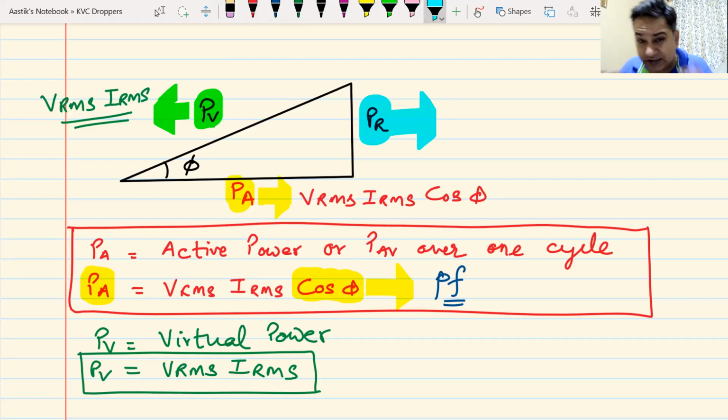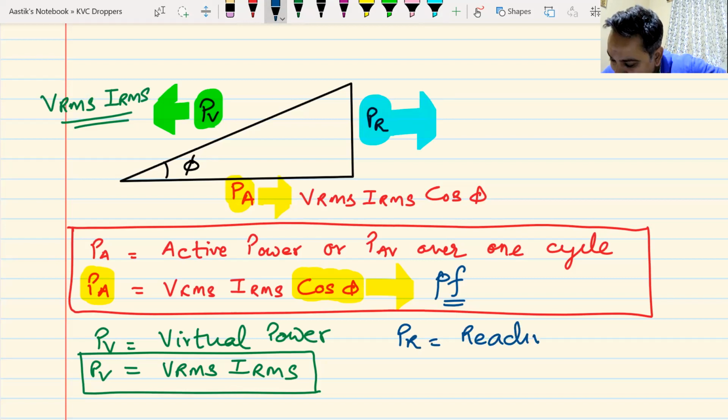It's a right angle triangle, remember. This PR is known as the reactive power. Now, this is the power which is not used.